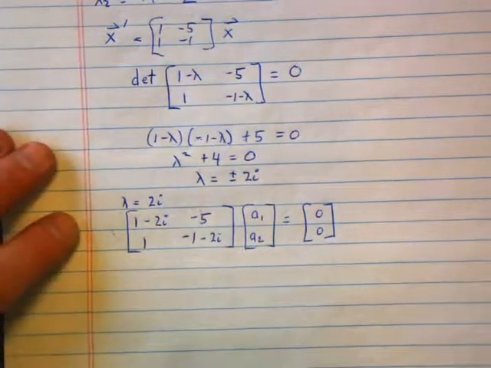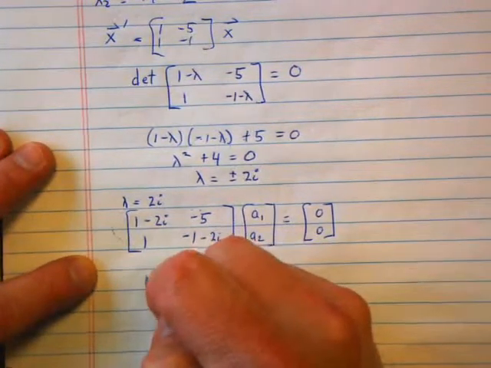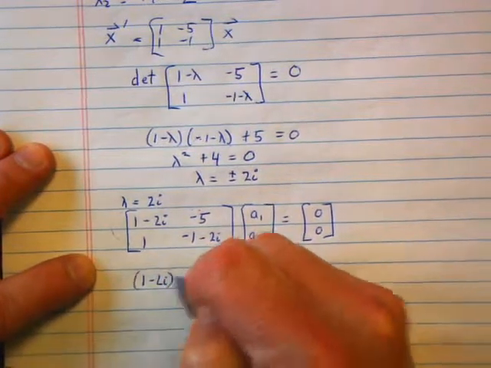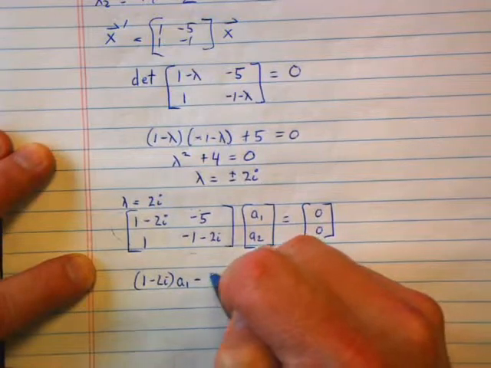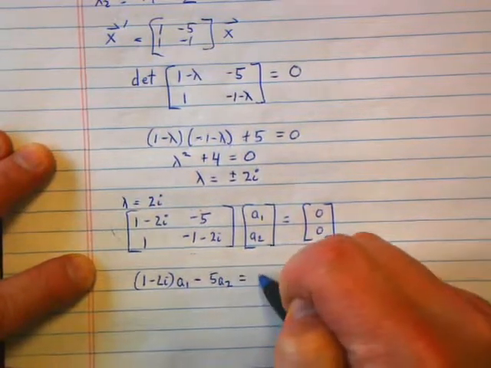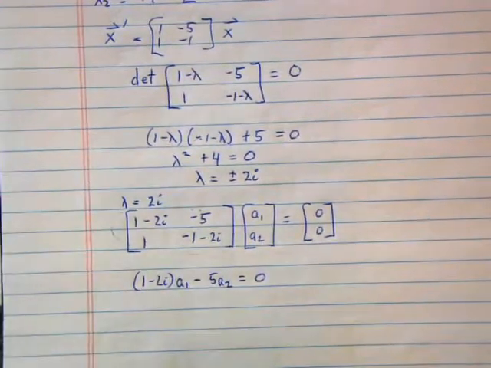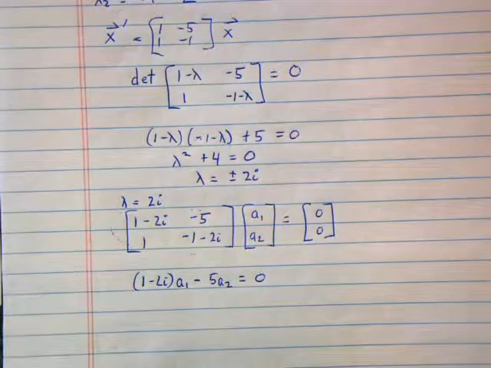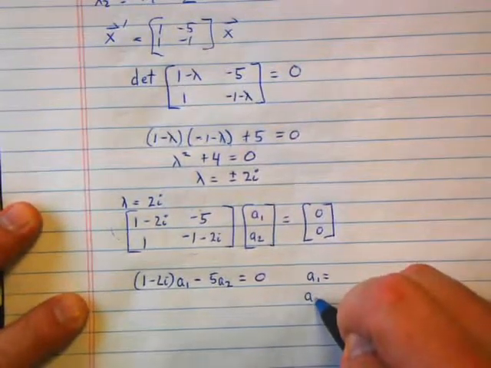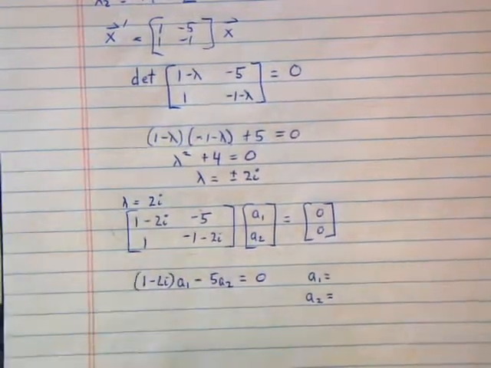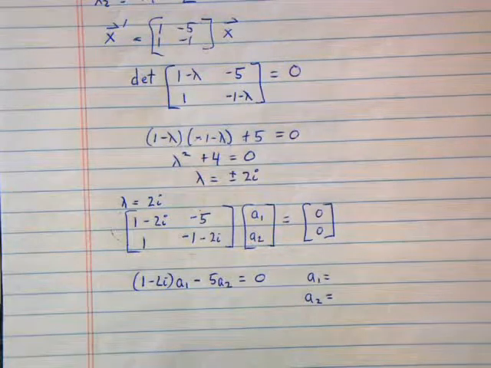Okay, so we're going to have 1 minus 2i times a1 minus 5 times a2 has to be 0. Give me a solution. What do you want for the number a1? 0. Can't be 0. Can never use 0 for these. You can never have the 0 vector.